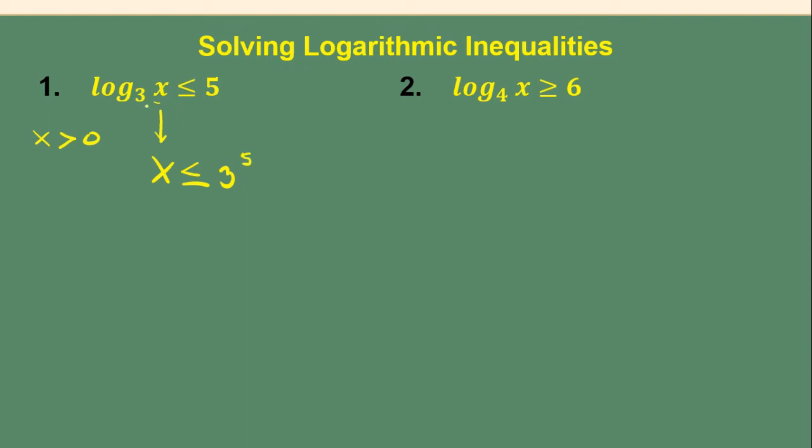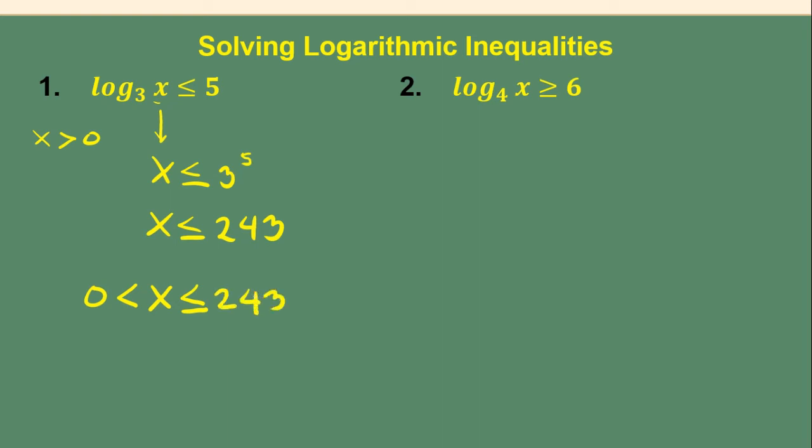And 3 raised to 5 is equal to 243. So we have the x values. x is greater than 0 but less than or equal to 243. So for our solution set, it will be x is greater than 0 but less than or equal to 243.